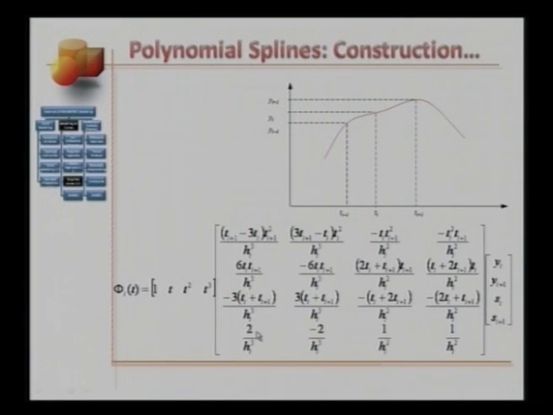In the fourth row, we have 2 over h i cubed, minus 2 over h i cubed, 1 over h i squared, and 1 over h i squared. Okay, what is h i? h i is the difference t i plus 1 minus t i. Let's continue with this math.